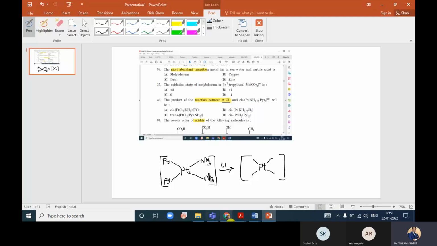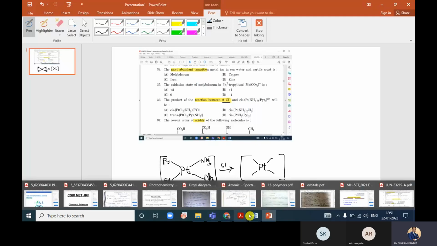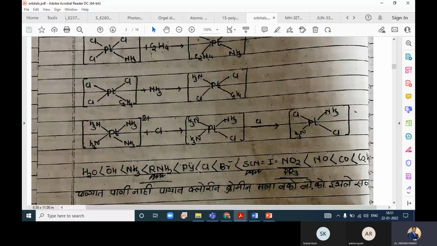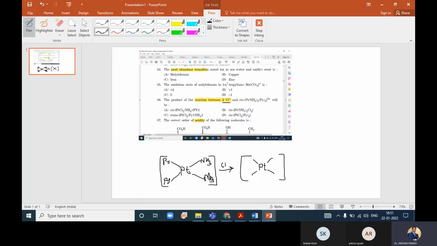NH3 and pyridine, and just now we have seen using the series that pyridine has more trans effect than NH3. So pyridine will replace one of the groups which is present trans to itself. I will keep this pyridine as it is, and I will now replace this with the help of chlorine, Cl, and there will be the same NH3.